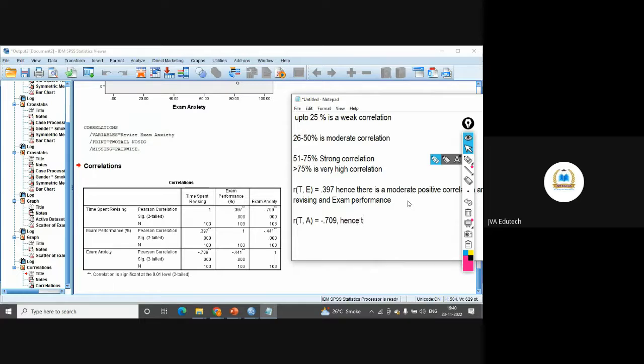Hence, there is a negative correlation among time spent revising and exam anxiety.